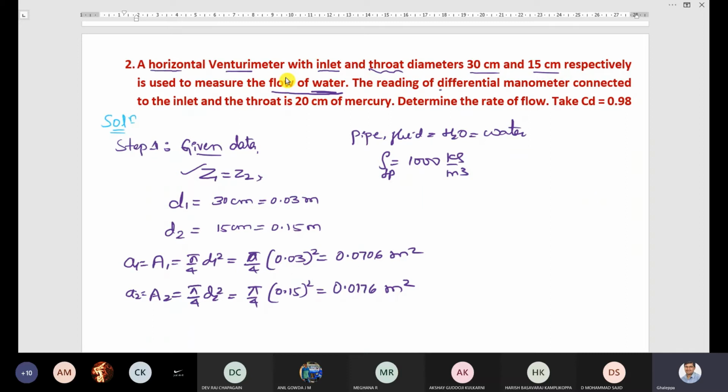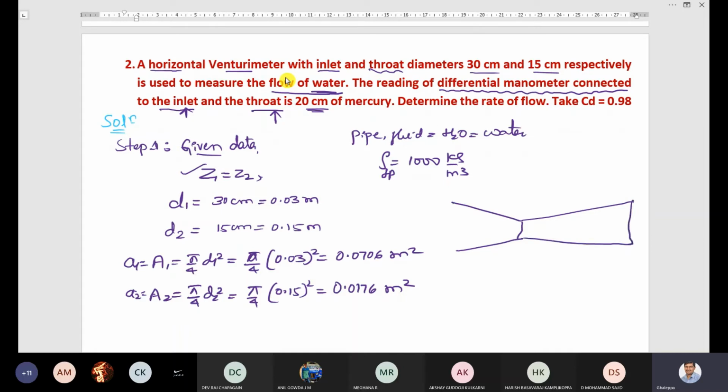The reading of the differential manometer connected to the inlet and the throat. Dear students, here the pressure difference between inlet and the throat is measured with the help of a differential manometer. So I will draw a simple venturimeter here.